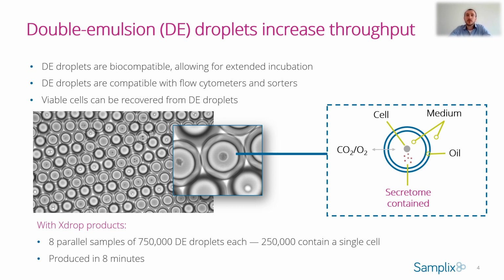And importantly, it's possible to recover live cells after incubation based on the functionality. With the Xdrop, you can make 750,000 double emulsion droplets per sample with 8 samples in parallel, and this only takes 8 minutes.